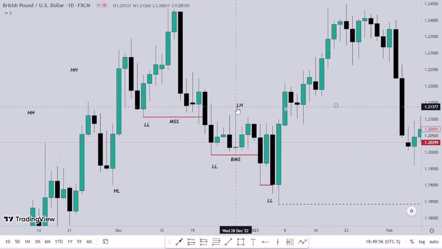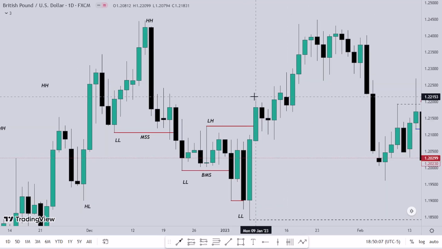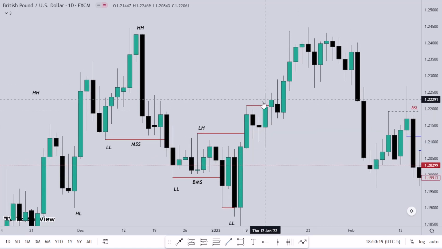And then we had a change in character again. So the market can keep changing direction over and over again. It's not going to be in one direction forever. After this break, which is a market structure shift and a change of character, it's followed by a break in market structure here. And now the trend at this point had shifted bullish. Change of character at this level, it pulls back into the range, it breaks market structure again.